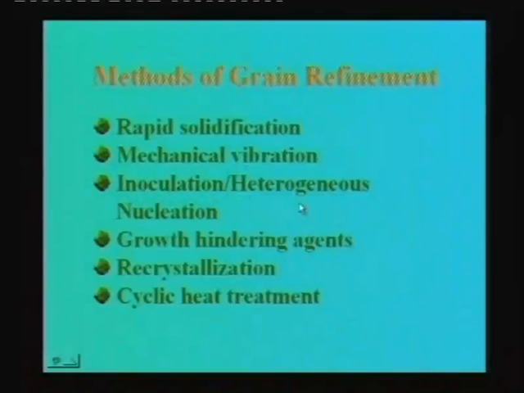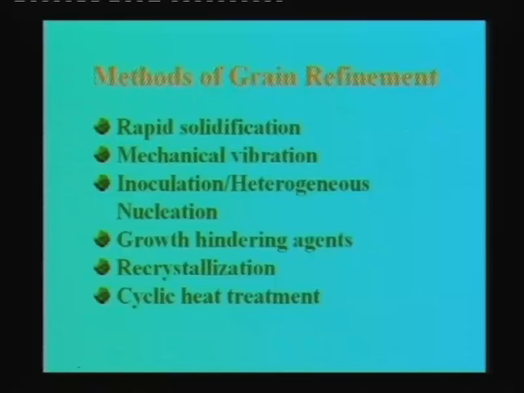The most popular technique is what is called heterogeneous nucleation or inoculation, which is very commonly used in a number of systems, and particularly in iron based systems and aluminum based systems. This has been very successfully adopted by a large number of investigators.